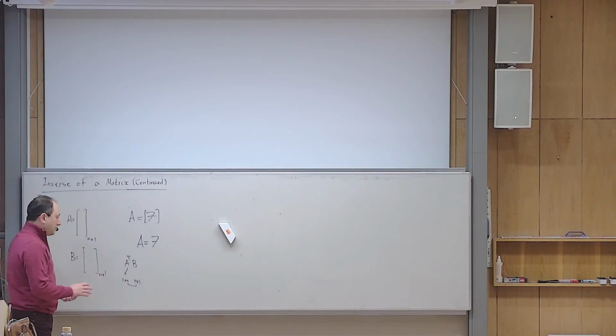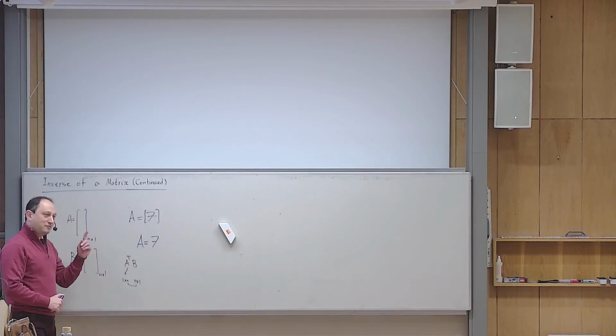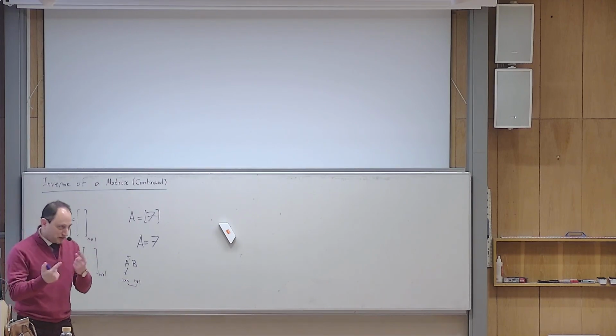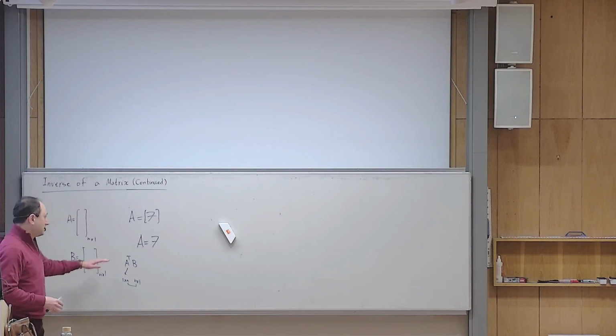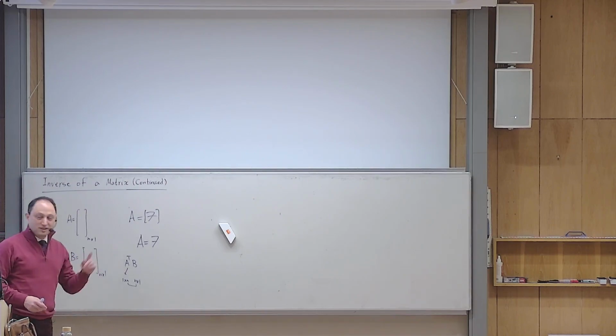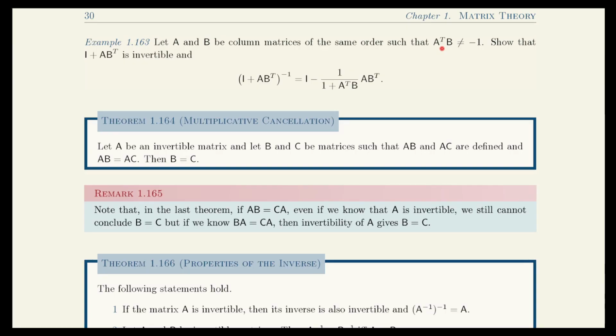So it might happen, and I'm so unlucky that this 1 by 1 number becomes -1. If that is happening, I do not have any claims. But if A transpose B is not equal to -1, only under this condition, I plus AB transpose is invertible, and this inverse is proposed here.